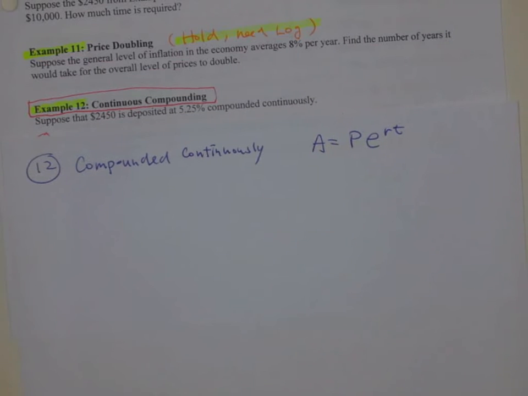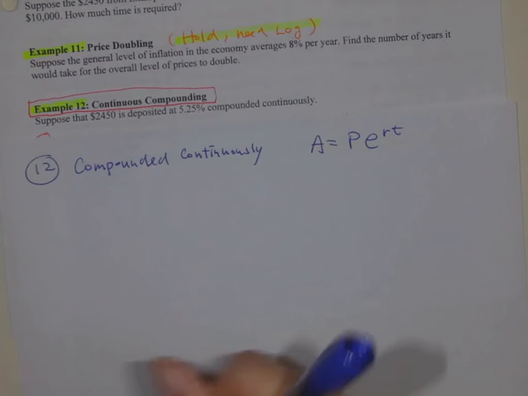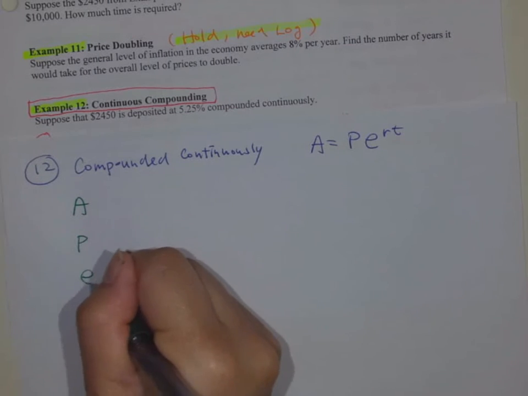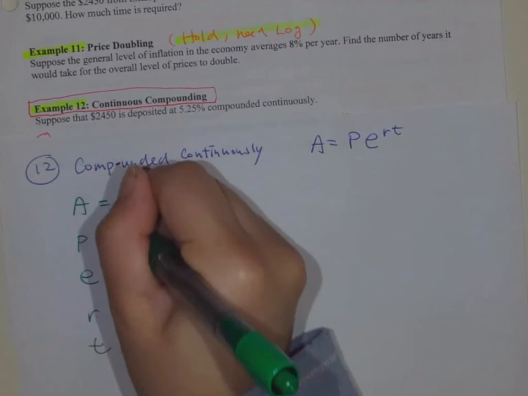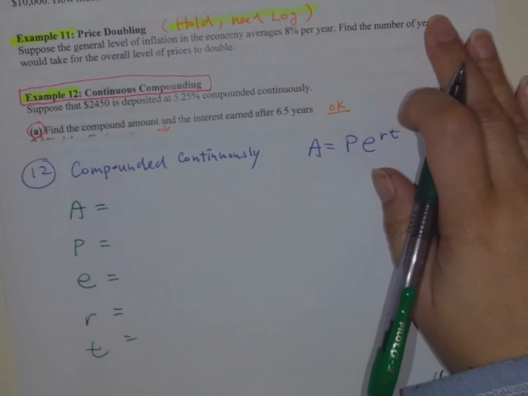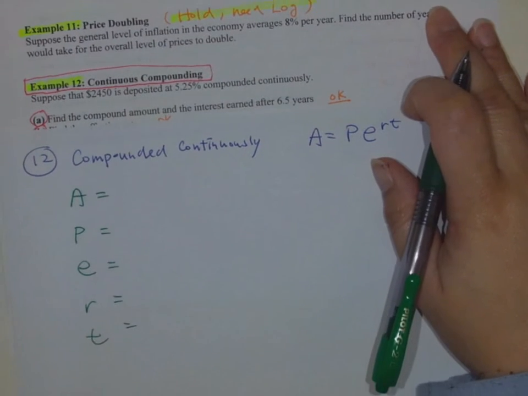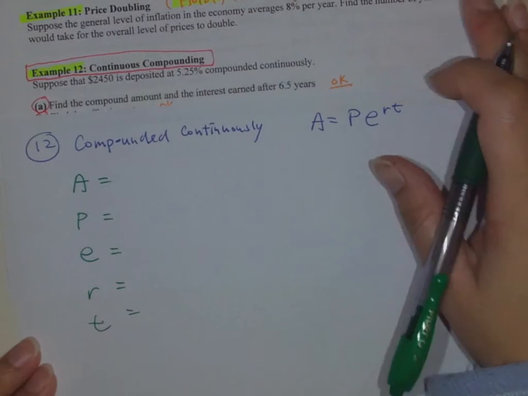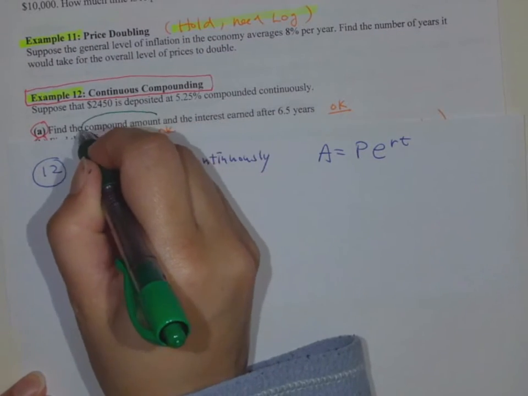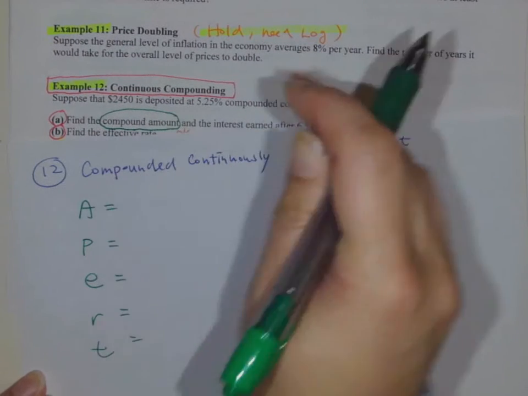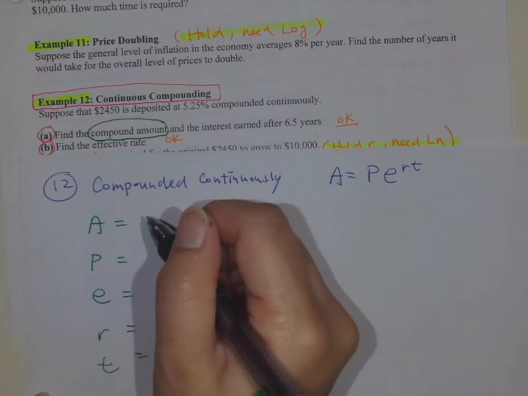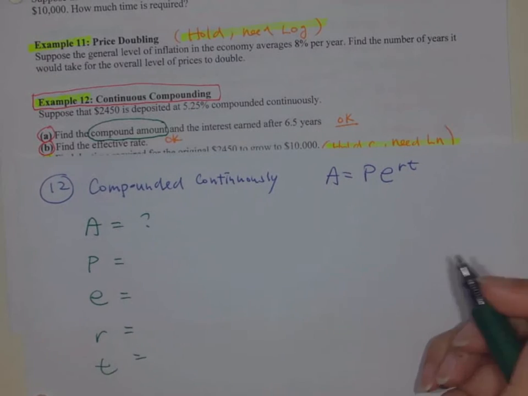Okay, so let's write down what we know on the side. A, P, E, R, T. The first question: find the compounded amount and the interest earned after 6.5 years. Compounded amount is basically the future value, what money you have in the account after t years. So that's A. They want you to find A. We don't know A yet.